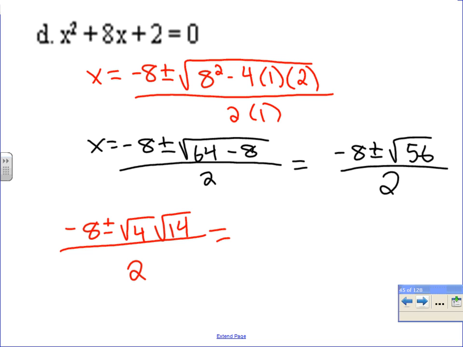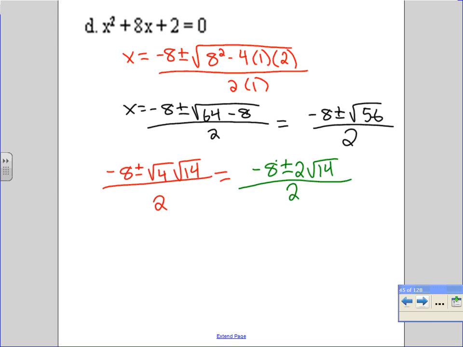Next step, simplify square root of 4. So -8 plus or minus 2, square root of 14, all over 2. Okay, Brianna, what does the next step look like? Good job. -4 plus or minus 1 square root of 14.